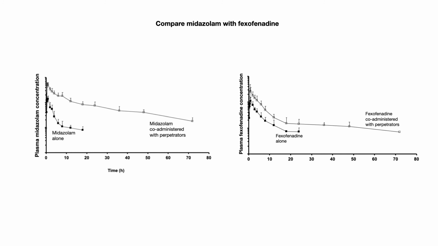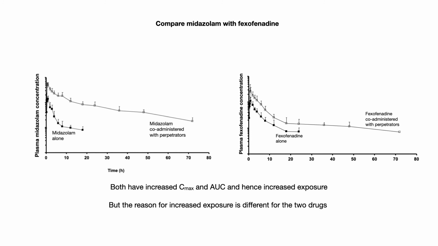If you compare Midazolam with Flexophenidine, both have an increase in Cmax, and both of them have an increase in the area under the curve, or an increase in exposure. But the reasons for those increases are different for the two drugs.